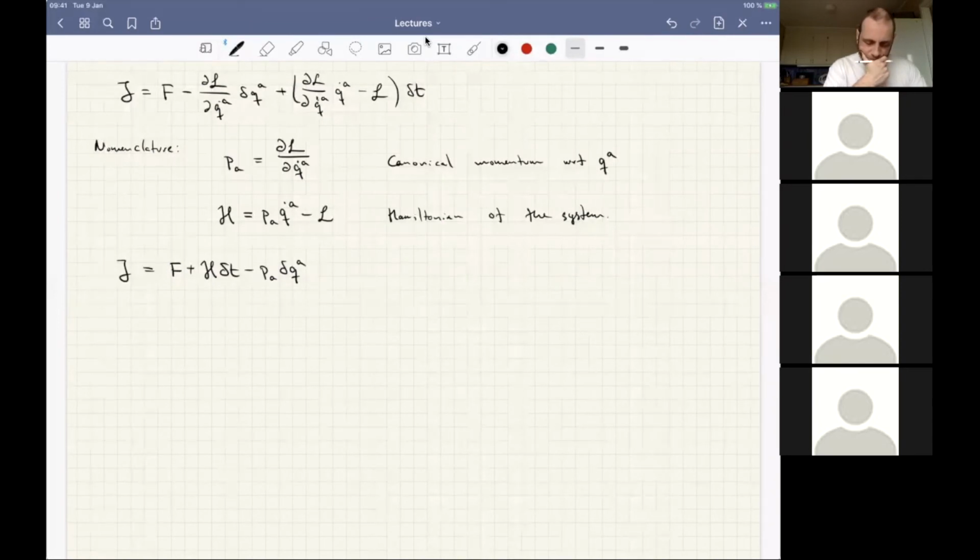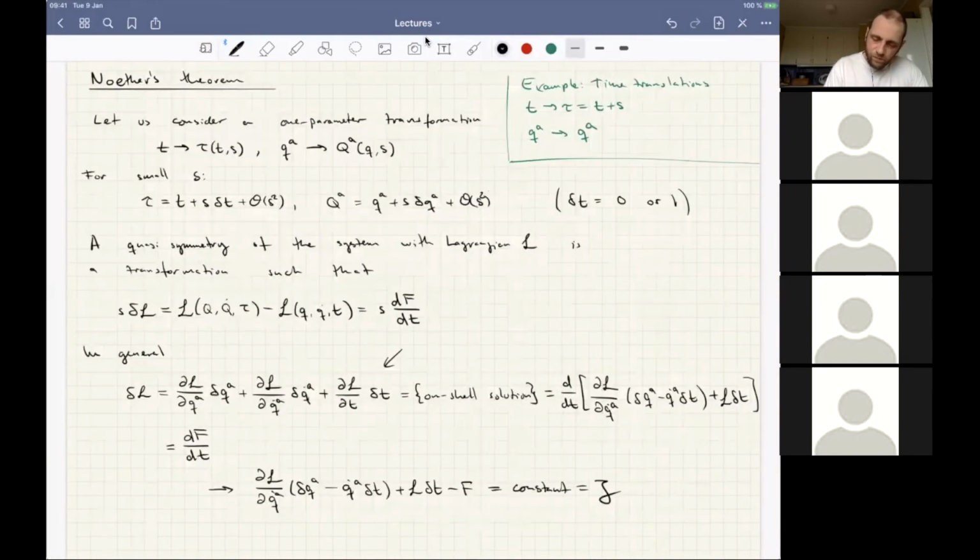Any questions? Yeah, I have a question about the definition of the variation. So when you say little delta, what exactly do you mean? So if I take these functions, I take this transformation. That's a function of time and of the coordinates respectively.